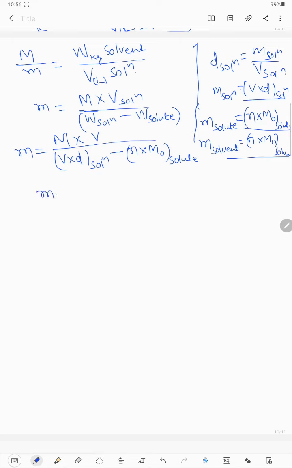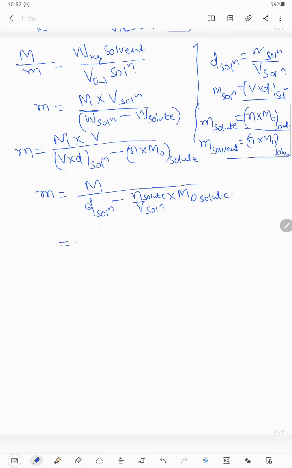Then molality is equal to M; V cancels, and in the denominator V will come. See, I will write the expression: density of solution minus n by v, which is solute over solution, into M naught of solute.